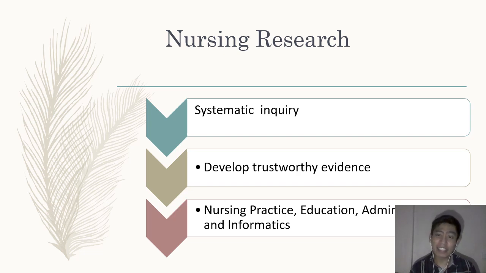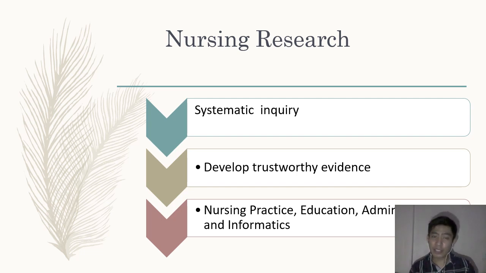Nursing is an independent profession that needs its own evidence to care for our patients. And it should be trustworthy. How do we have trustworthy evidence? There should be repetitive, consistent outcomes of your research. It should have the same effect on our patients.